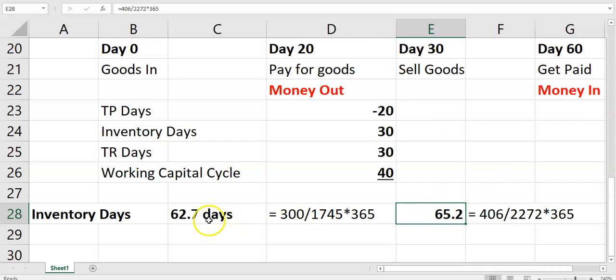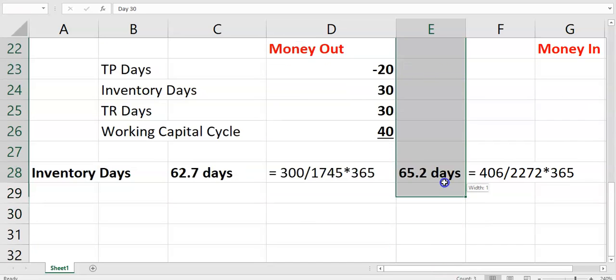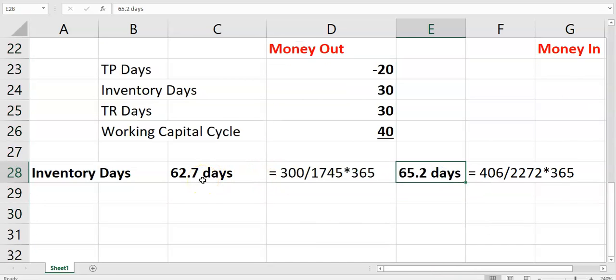Less efficient, because it's gone up. Apologies, I'm misreading it. 65.2 days, because this of course is 2012, this column here. So you are roughly 2.5 to 3 days slower at selling goods. So it's marginally deteriorated in terms of efficiency, but not a huge difference. It takes you about 2 months on average to sell your inventory.